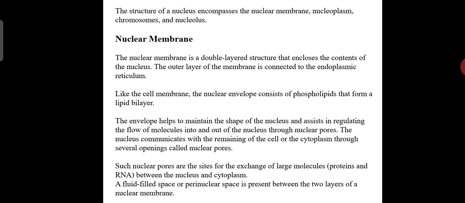The structure of the nucleus encompasses the nuclear membrane, nucleoplasm, chromosomes and nucleolus. First part is the outer covering, the nuclear membrane. The nuclear membrane is a double-layered structure that encloses the contents of the nucleus.